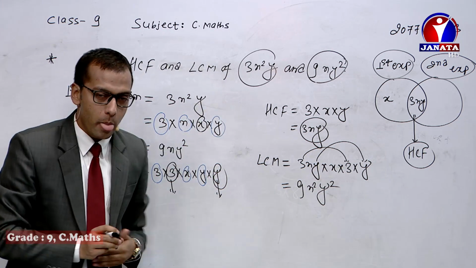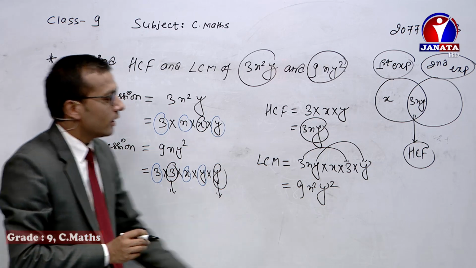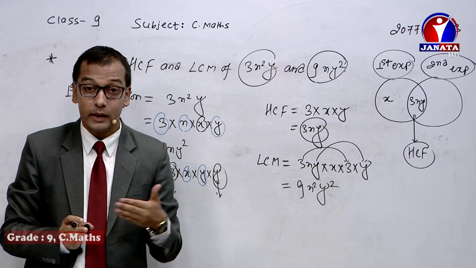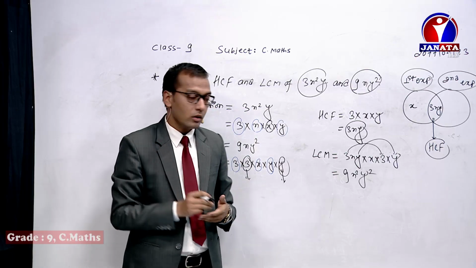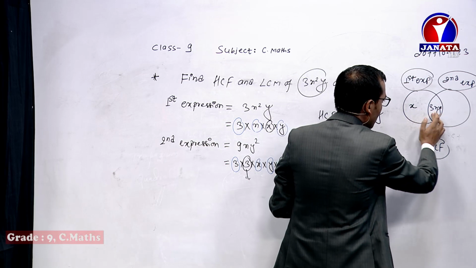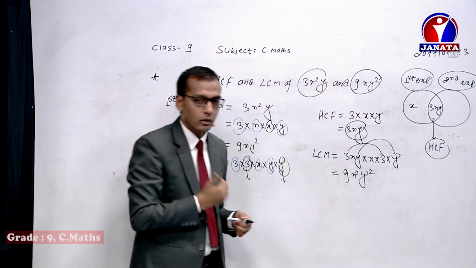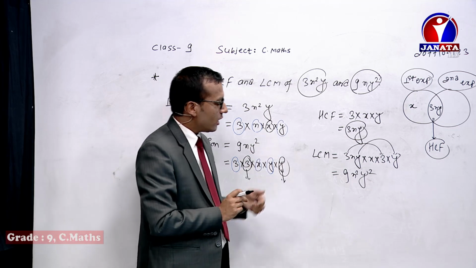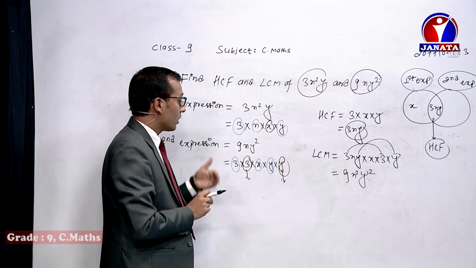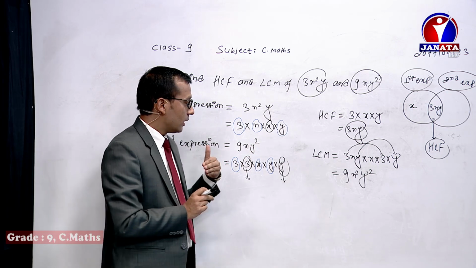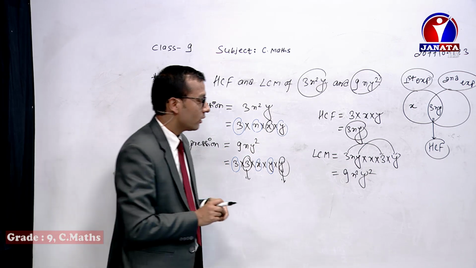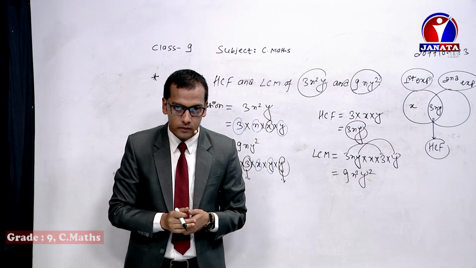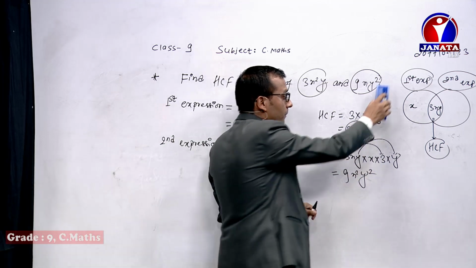So we can fill this and get idea about this HCF LCM. So LCM is product of x, 3xy and the third region we can try with this. This is only for concept, and we do not need this diagram for finding HCF and LCM.